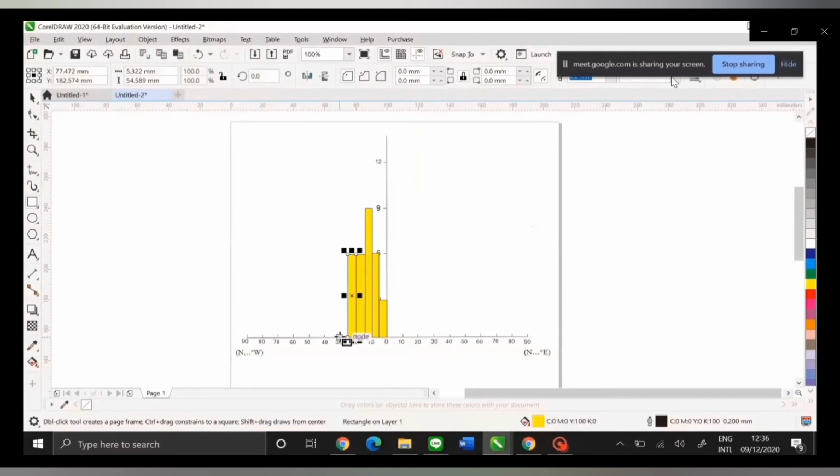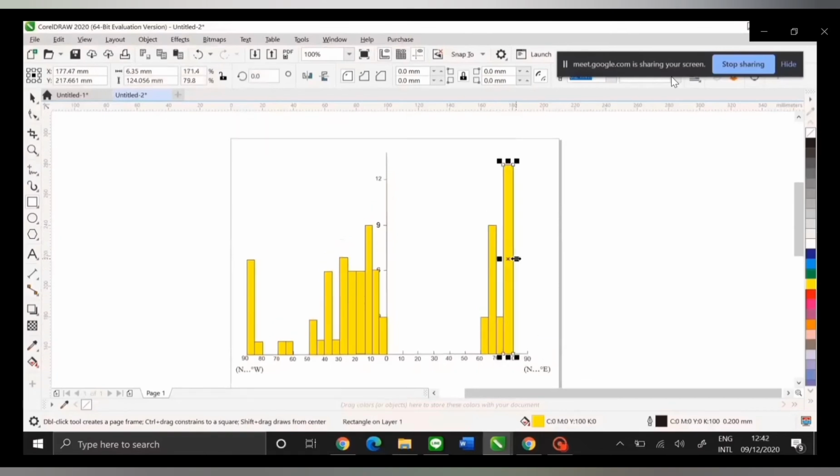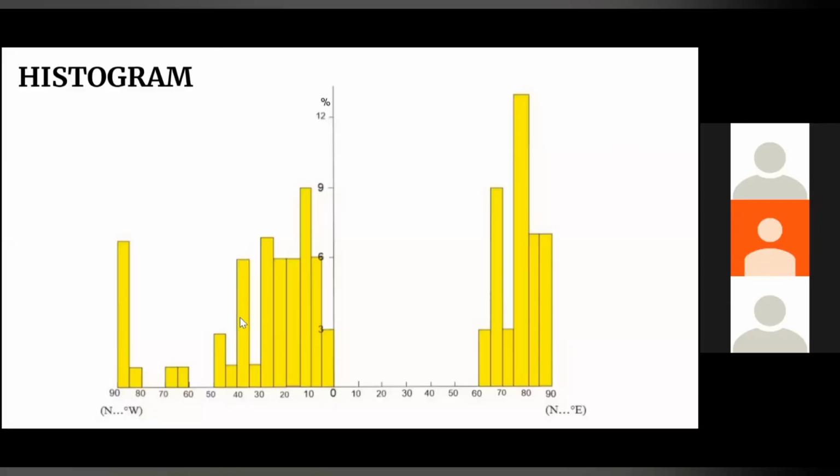Make blocks of each interval according to the percentage of each interval. Here we can see in this video how to make a histogram. This is the histogram based on the data that we use.